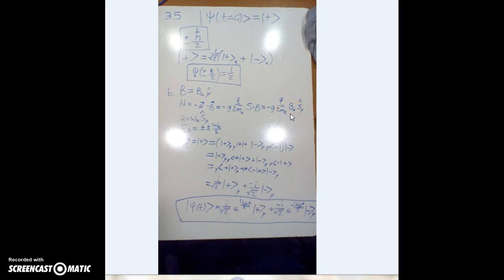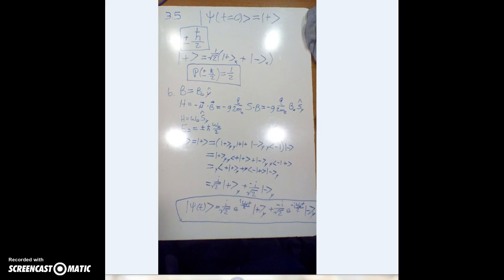And then we can rewrite this part, negative g q over 2 m_e B naught, as omega naught. And then the Hamiltonian is omega naught S hat sub y.